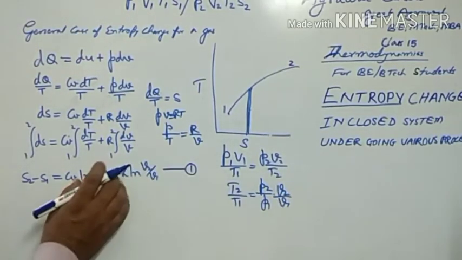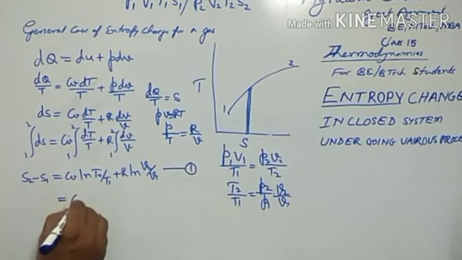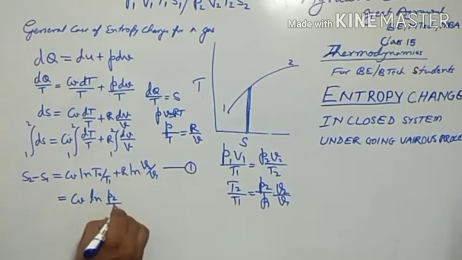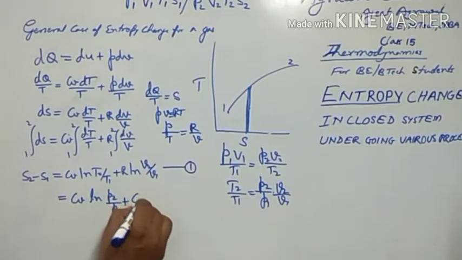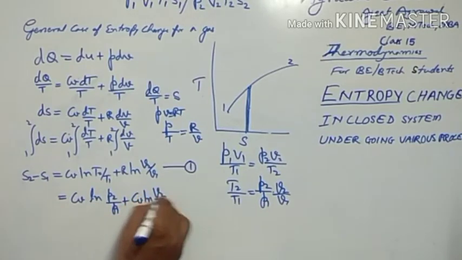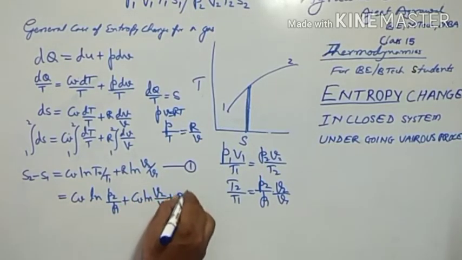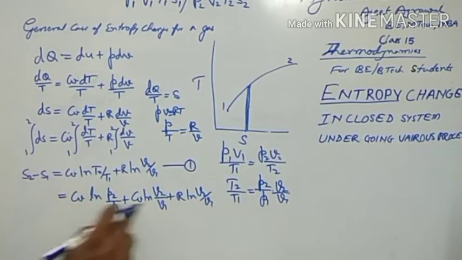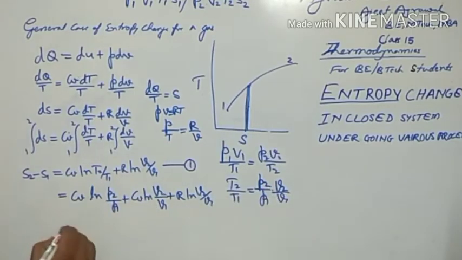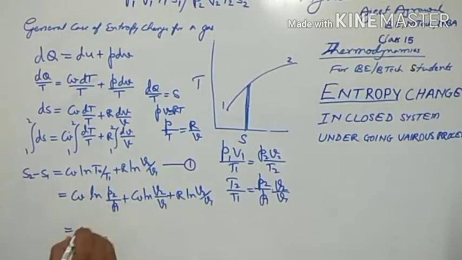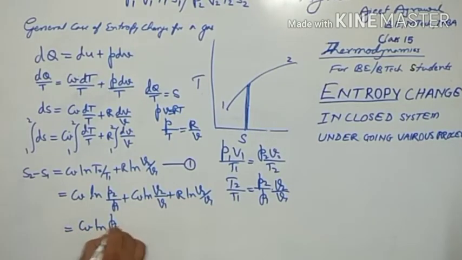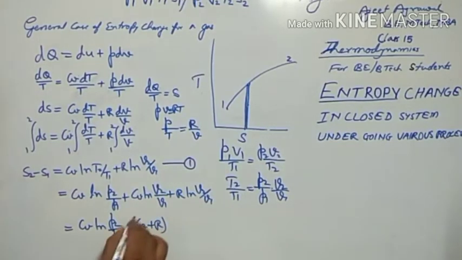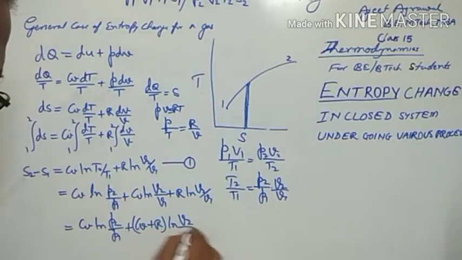Substituting here, it becomes Cv log of P2 by P1 plus Cv log of V2 by V1 plus R log of V2 by V1. So we take Cv log of P2 by P1 plus Cv plus R times log of V2 by V1.